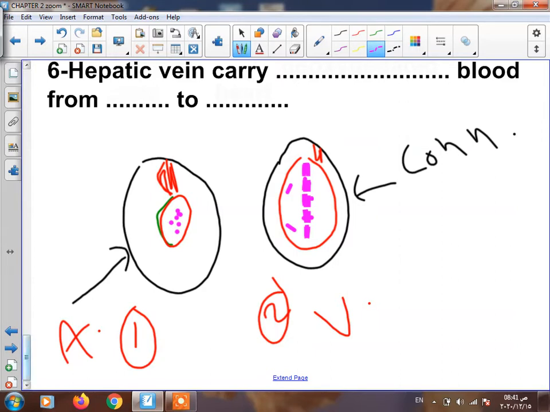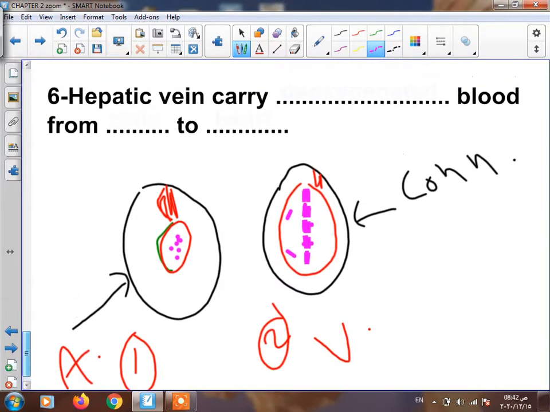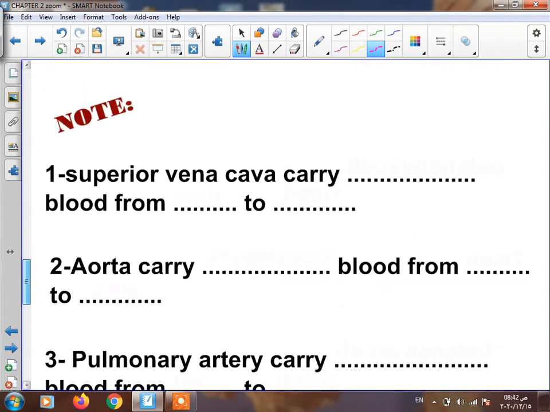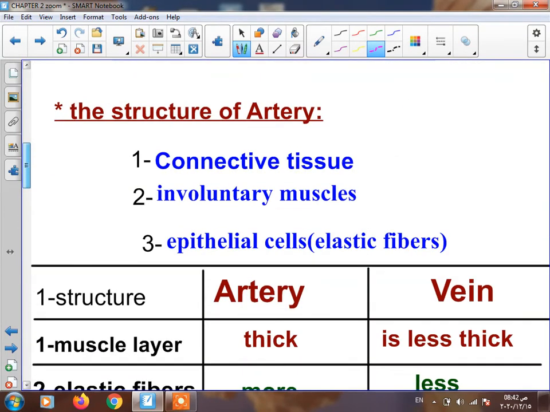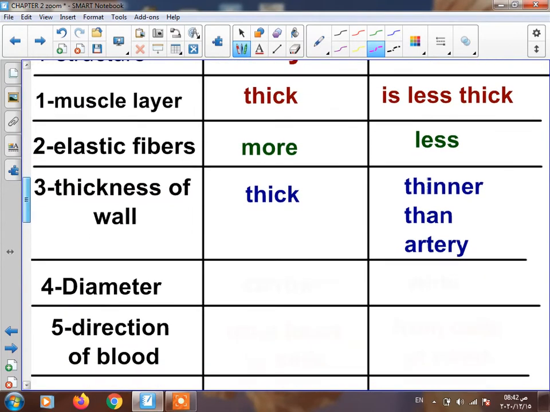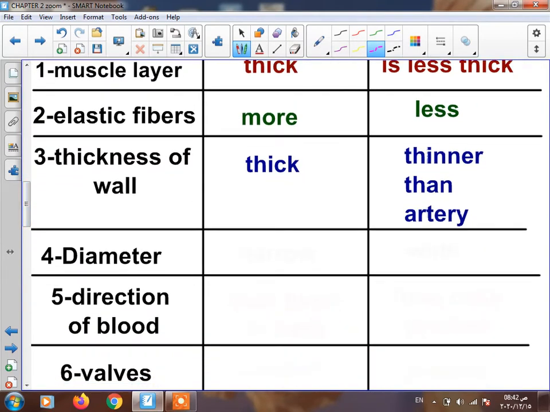So the relation between the thickness of muscles and the diameter of the cavity is, of course, inverse. By increasing the thickness of muscles, what happens? The diameter becomes narrow, and vice versa. So the diameter in the artery is narrow because the wall and muscular layer are thick, but the diameter in the vein is wide because the wall and its muscular layer are thin.